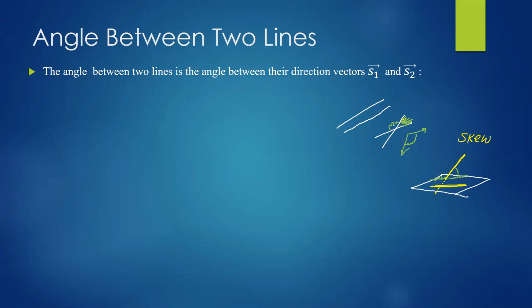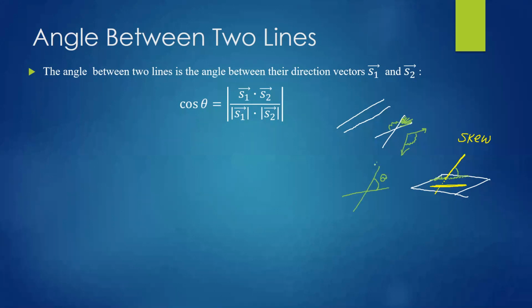So that means we have to make sure the cosine is positive. So we take the direction vectors, and the angle between these 2 lines, whether they intersect or not, is the smaller angle. So I'm writing theta there, the smaller angle between these 2 lines, as the angle between the 2 direction vectors.